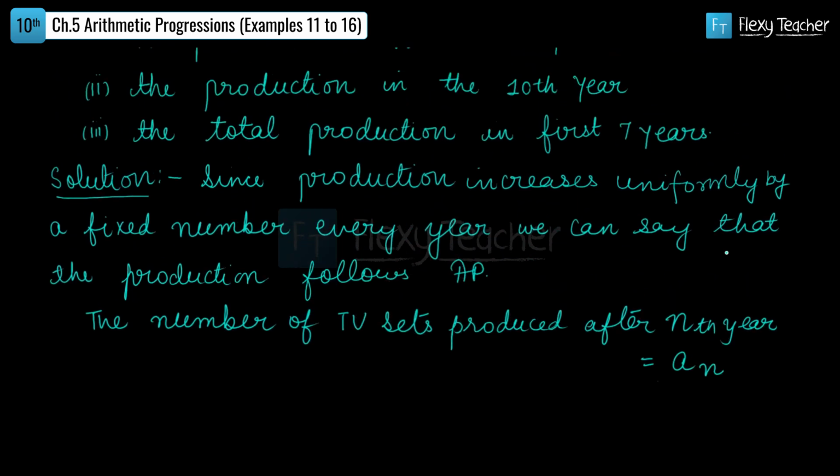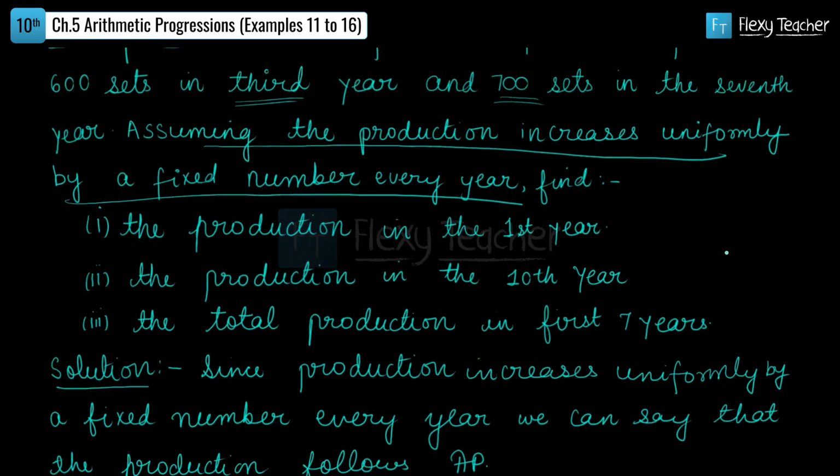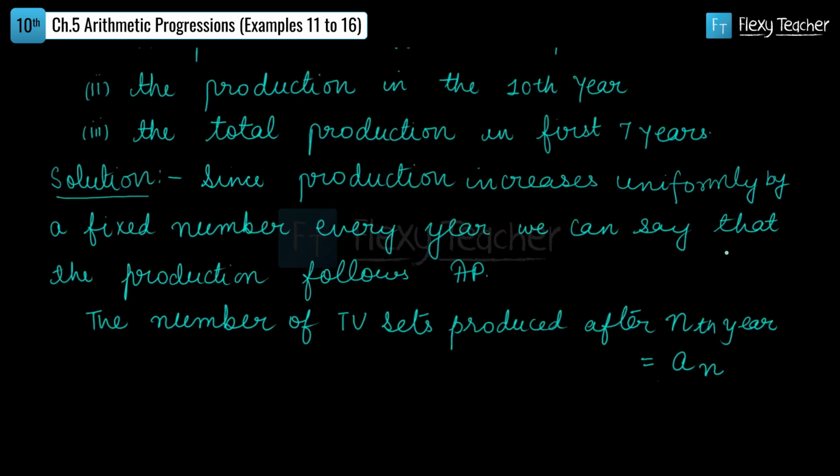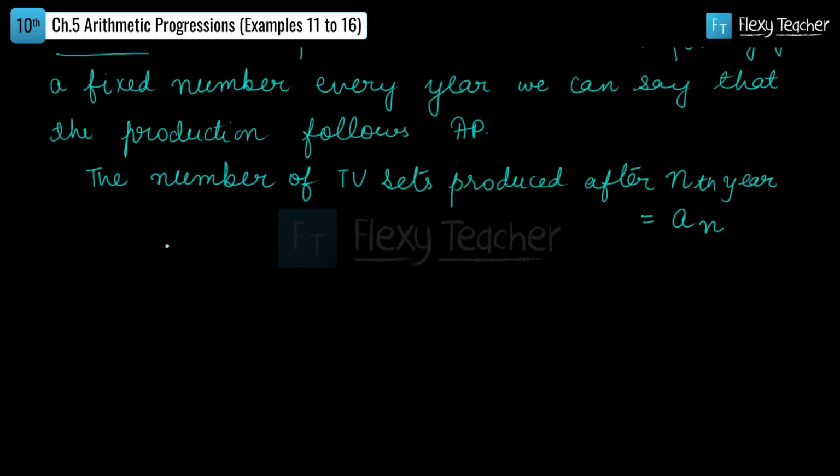So A3 is 600 and A7 is 700. This implies that A3 is equal to 600 and A7 is equal to 700.